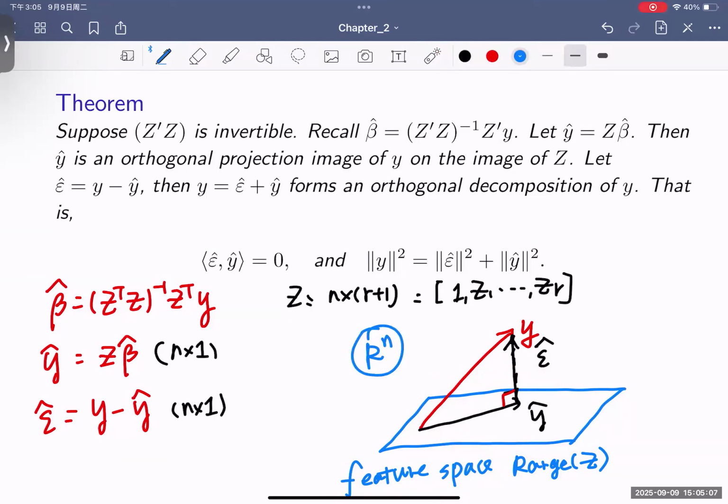The r plus 1 feature vectors combined together span a hyperplane, or just a plane. For any y, we make a projection onto this feature space, and our prediction is here. So our next step is to show how this is true.